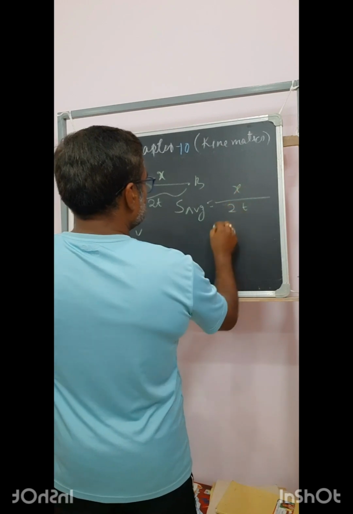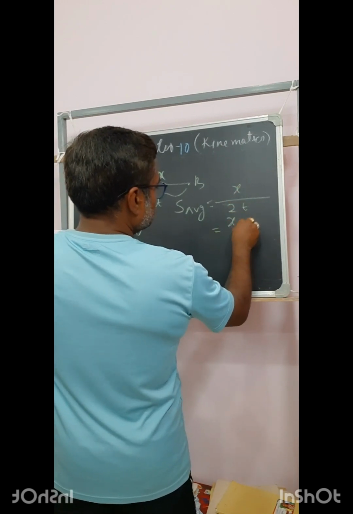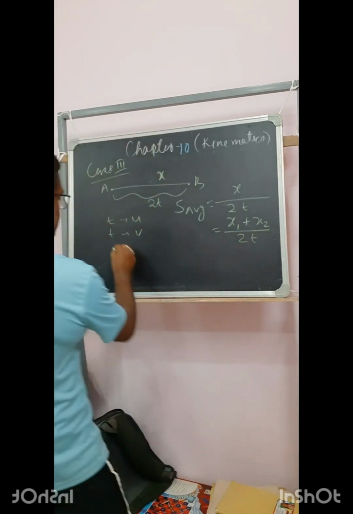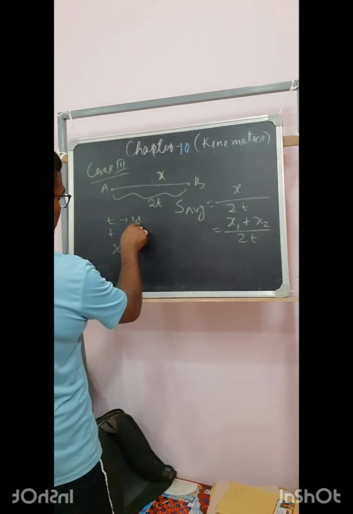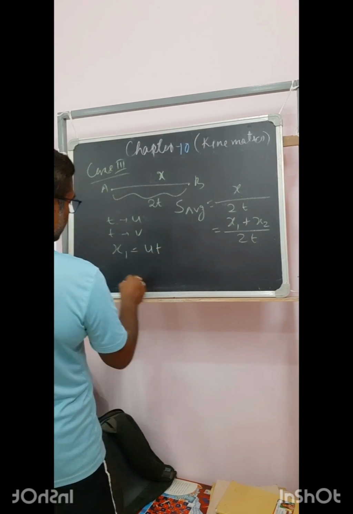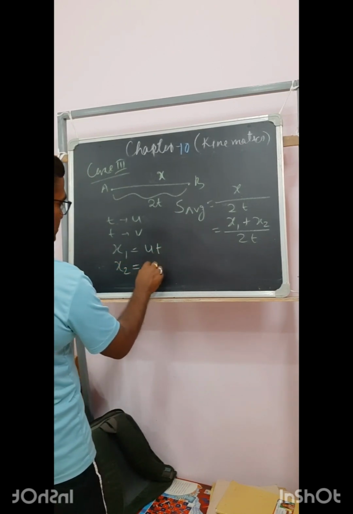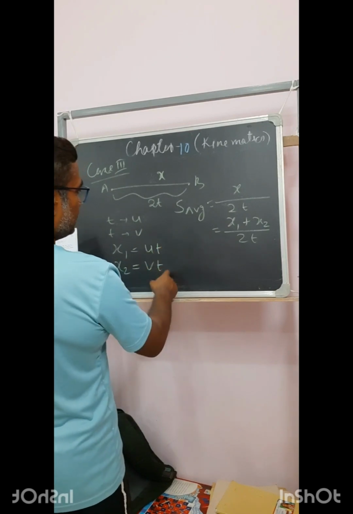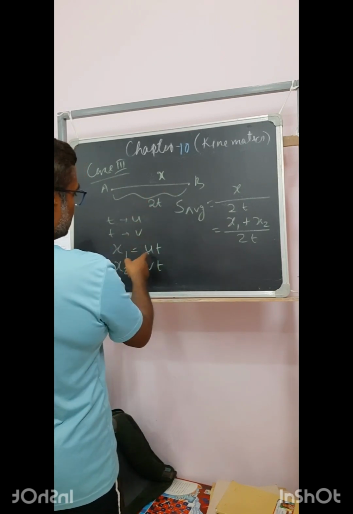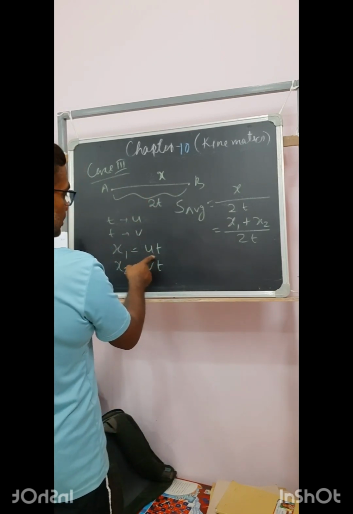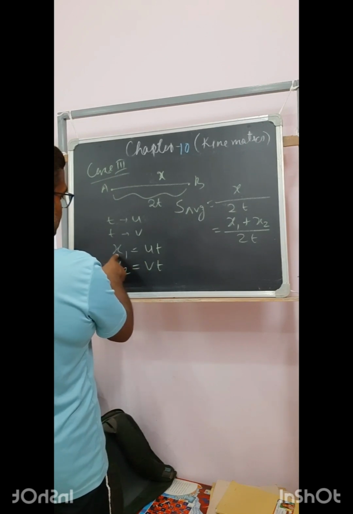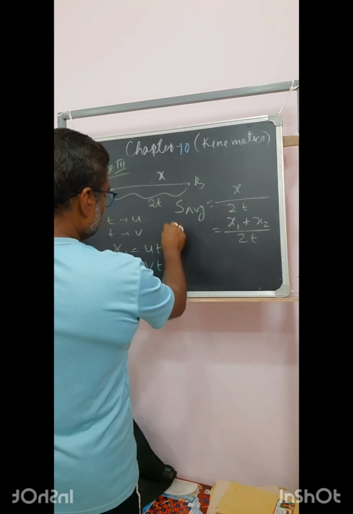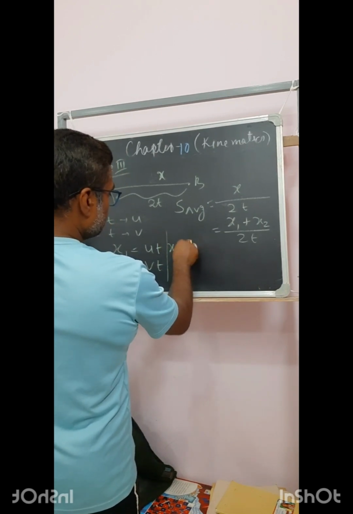The total distance is a sum of two distances. The first distance x1 covered with the velocity u is u into t, and the second distance x2 is covered by v, so v into t, because they utilize half the time each. So x1 and x2 are not the same because the velocity is different.